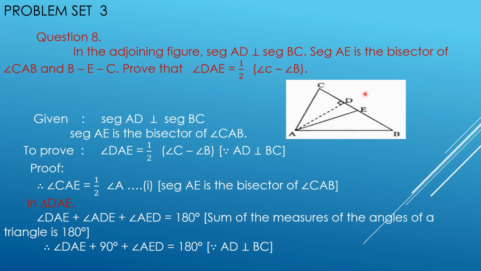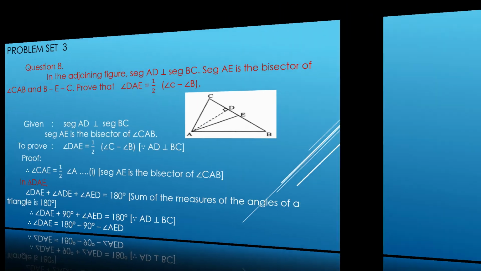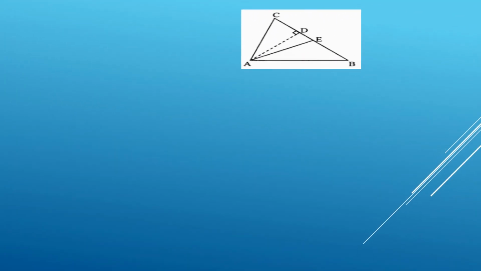In this triangle, angle ADE is equal to 90 degrees. Therefore, angle DAE plus 90 degrees plus angle AED is equal to 180 degrees. Therefore, angle DAE is equal to 90 minus angle AED. That is equation number 2.